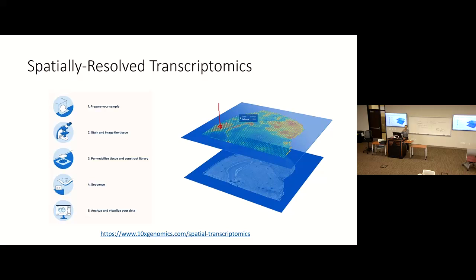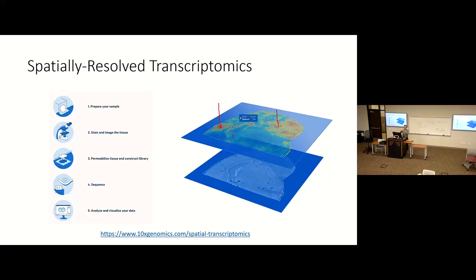One is the resolution, another is that the sample is 3D, so each sample is always a mixture. You don't have single cell level resolution. So in this case, we need decomposition.